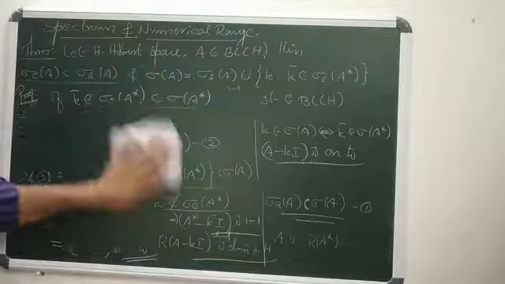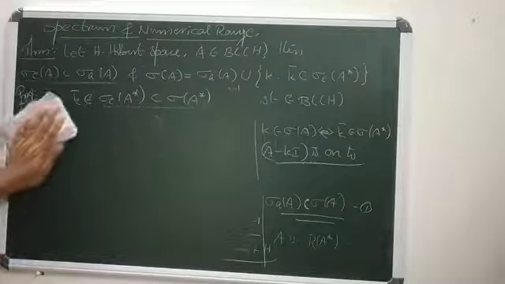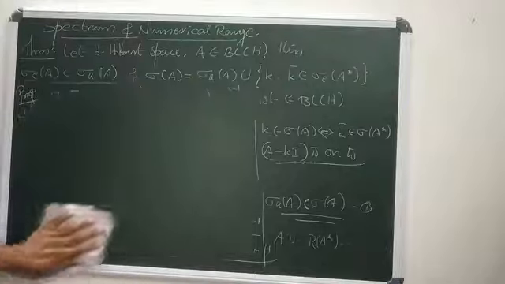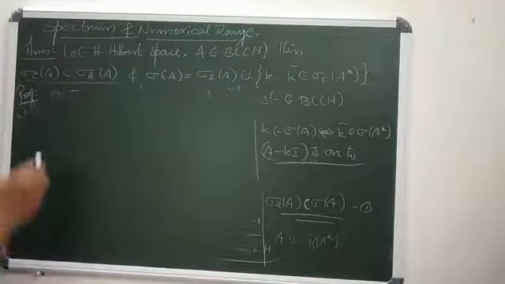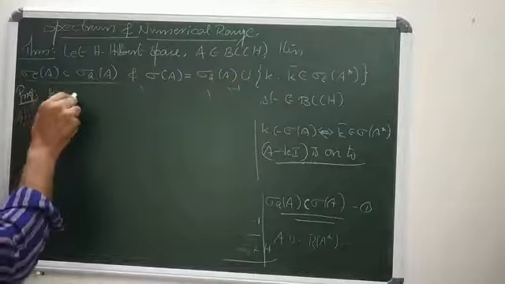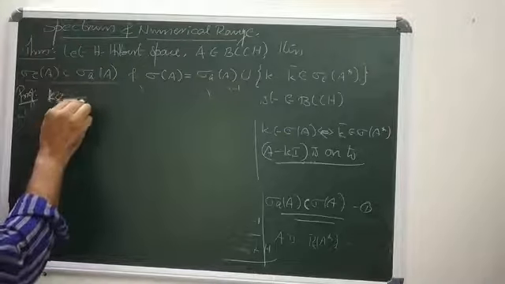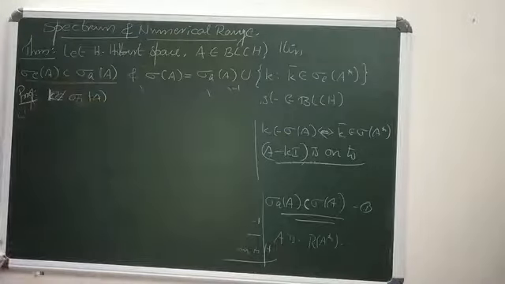Now again, consider A minus K is onto, but K is outside of which one? We assume K is outside of sigma_a(A), means A minus K is bounded below.